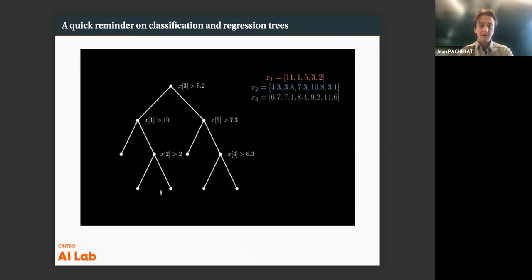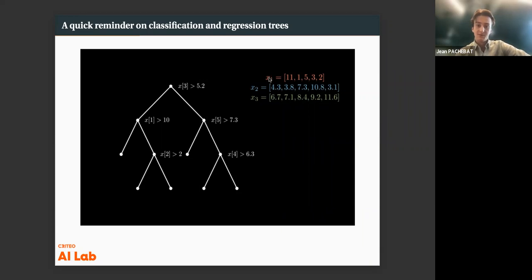So I have built these figures which show a classical classification or regression tree. We have nodes here, and at each node a feature to perform a split, and a split value which decides, regarding this feature, if the instance, the data point, goes to the right branch or the left branch.